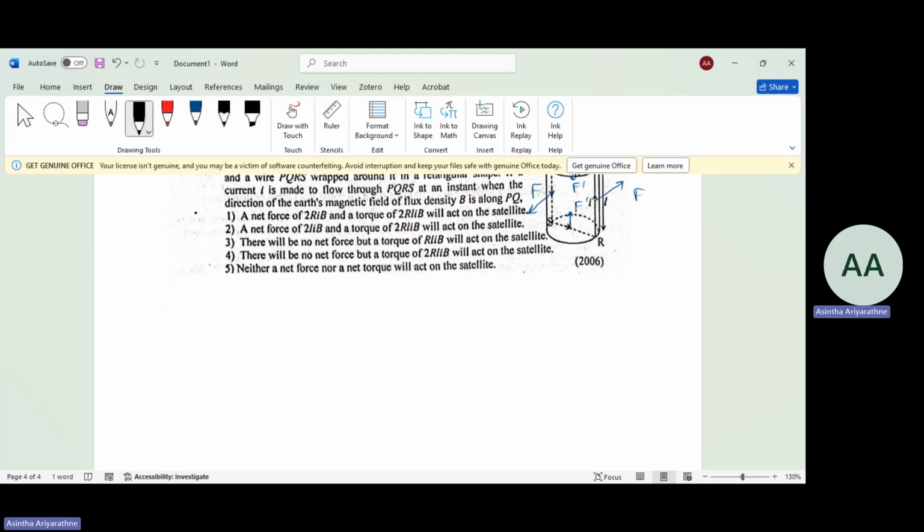There will be no net force, but a torque. The torque is F into 2r, where F is B I L, so the torque is 2 r L I B. So there will be no net force, but a torque of 2 r L I B on the satellite, which would rotate the satellite in the anti-clockwise direction.